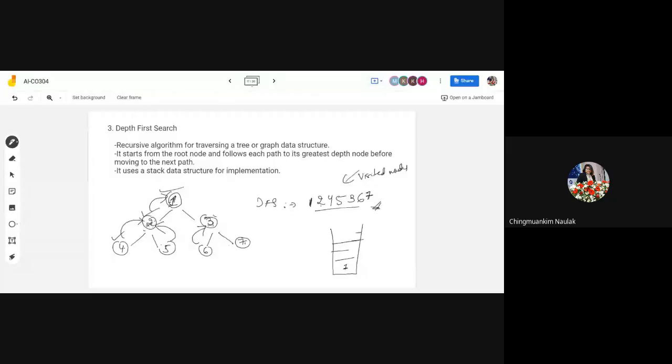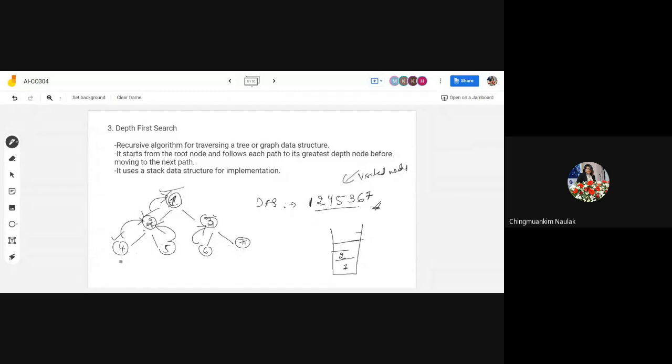After that, if you explore 2, you have adjacent nodes of 2, that is 4 and 5. But according to depth first search, you traverse only one adjacent node at a time.